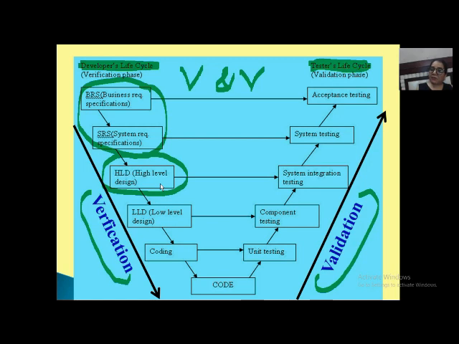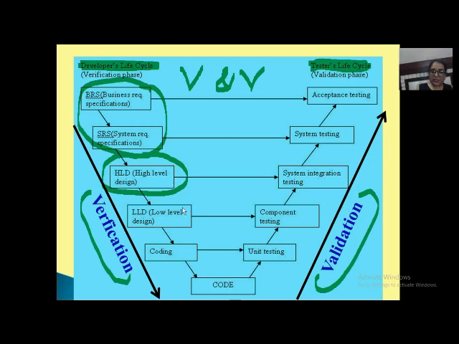So many times we refer to this phase also as architecture design. At this point integration testing is done so that you can test whether, when the various components are integrated, they will work in a smooth, cooperative manner or not.